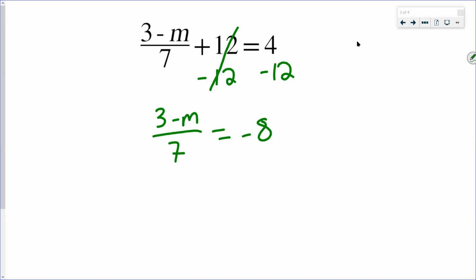Now, we want to do what Landon was talking about. Now we want to multiply both sides by 7. That gets rid of the 7s, leaving us with 3 minus m equals, what's negative 8 times 7?